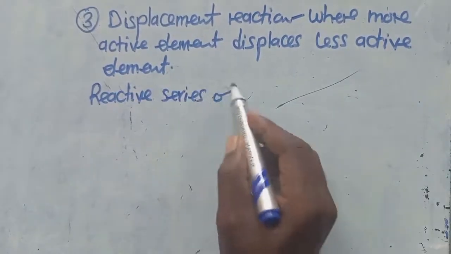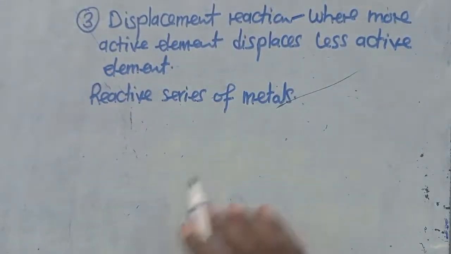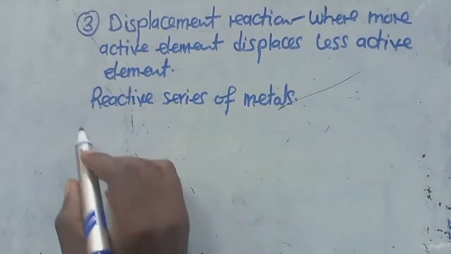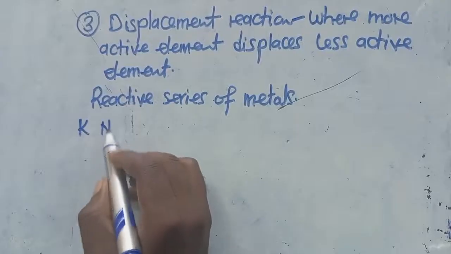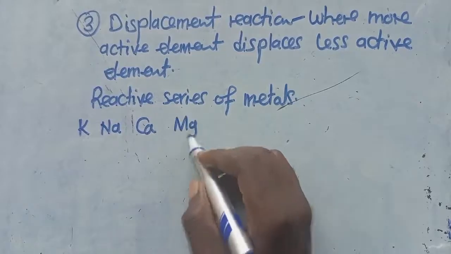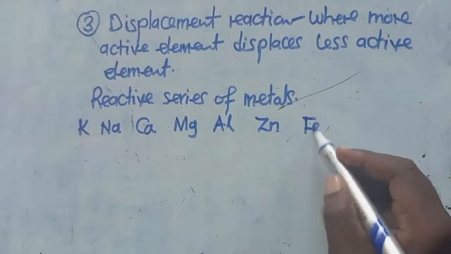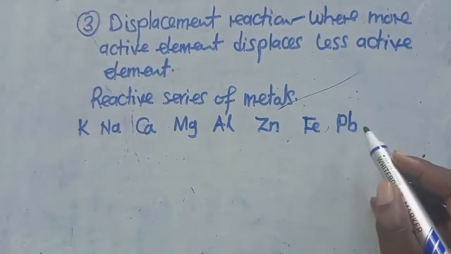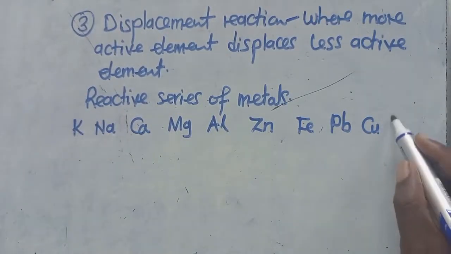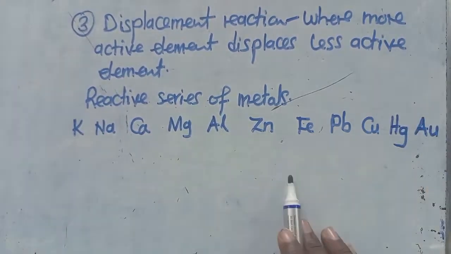The reactivity series of metals is like this: we've got potassium, sodium, calcium, magnesium, aluminium, zinc, iron, lead, copper, mercury, and gold. So this is the reactivity series.